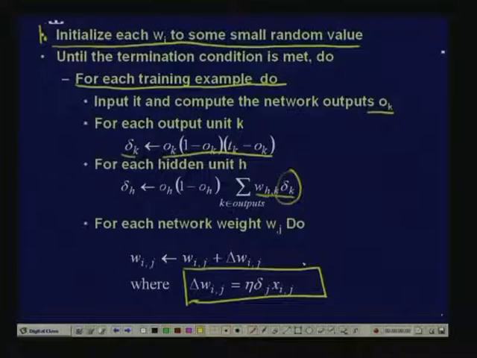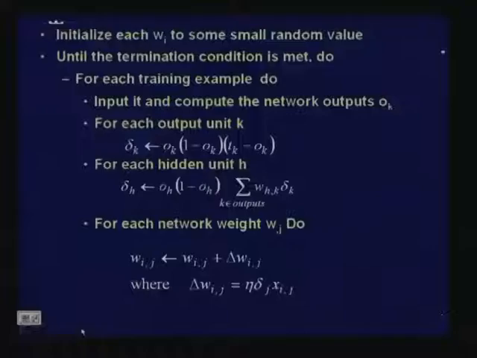There is an initialization phase. After that, there is a feeding phase where the training examples are fed to the neural network, and then at each unit, starting from the output up towards the input, we compute the value of delta, and then we modify the network weights, and then we continue if the network is not satisfactory.